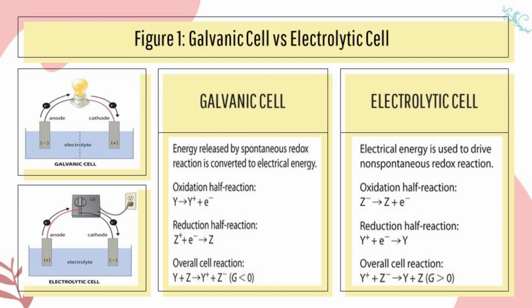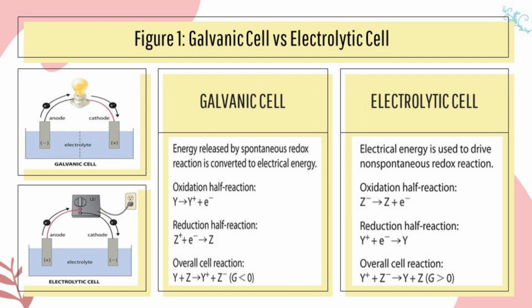Okay? So, next naman, in terms of the half reaction, so in oxidation for galvanic cell, we're gonna be having here a neutral reactant and it produces a positively charged substance, okay? On the electrolytic cell oxidation half reaction, we're gonna be having a charged particle and our end product would be a neutral type of substance, or a substance that does not have a charge, or simply it is an element by itself.